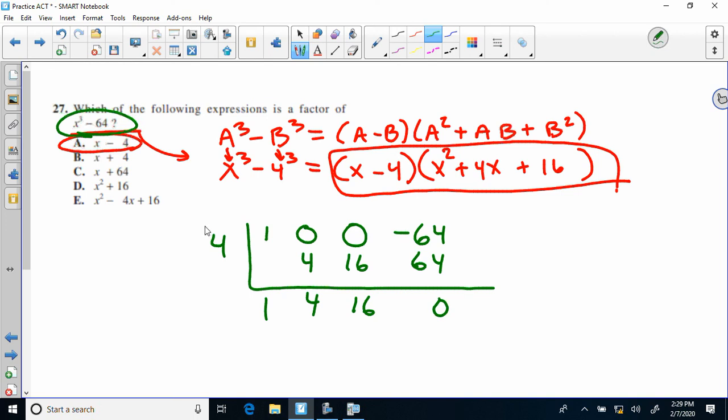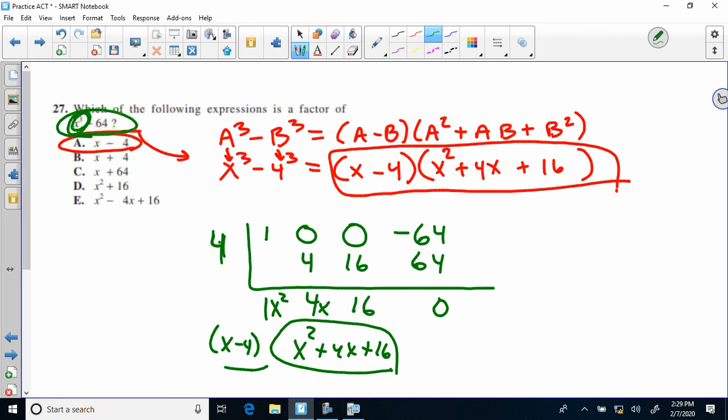We started with a cubic, because this was x cubed up here. So you drop your power by 1, that's x squared and x, and it would have given you x squared plus 4x plus 16. That would have given you your second one, and your first one would come from that 4, because we divided by 4, and you'd have to know that was x minus 4. That's the exact same thing you're getting up here.